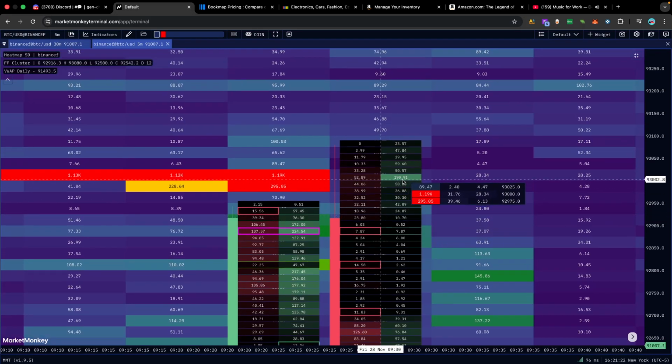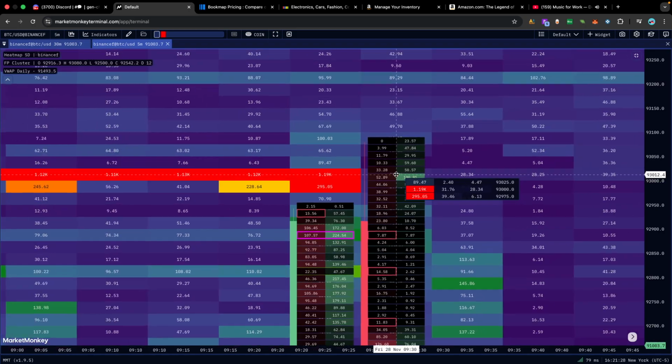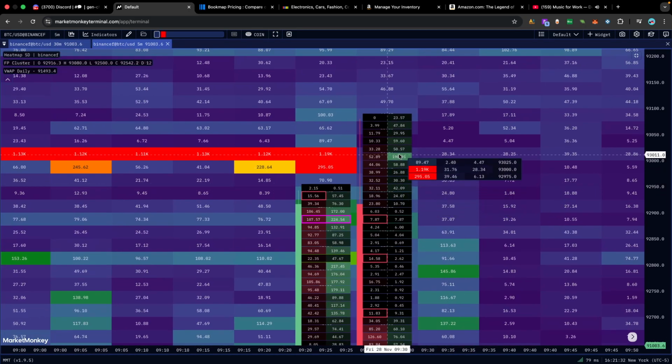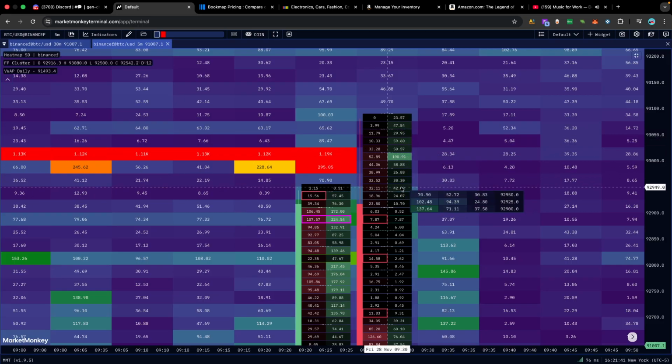However, you see 190 Bitcoin on your ask. Your bid side ended up with a 0 at the top, which means there was no selling. And you have this strong wick right here, and a massive amount of Bitcoin people that bought Bitcoin at the very top of this wick.